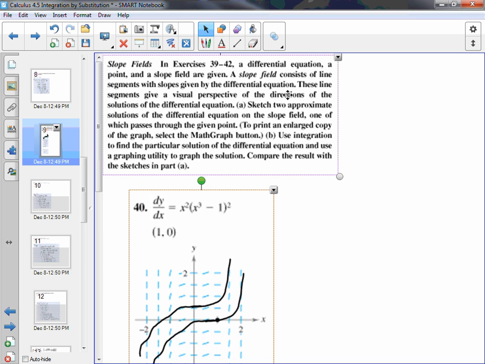And then part B, use integration to find the particular solution of the differential equation and use a graphing utility to graph the solution. Yeah, we'll see about that.